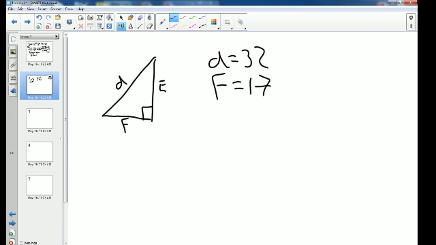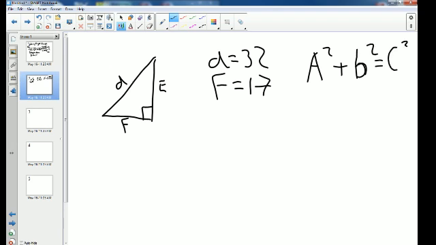So to find it, we're going to use the Pythagorean theorem, which is a squared plus b squared equals c squared.